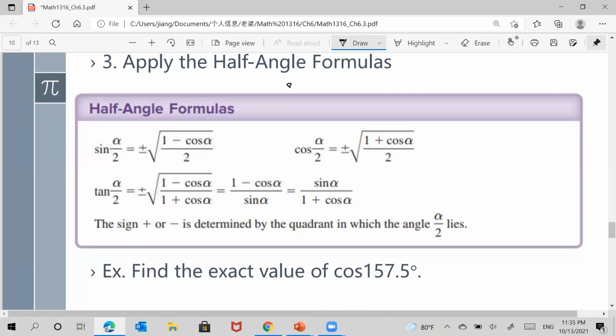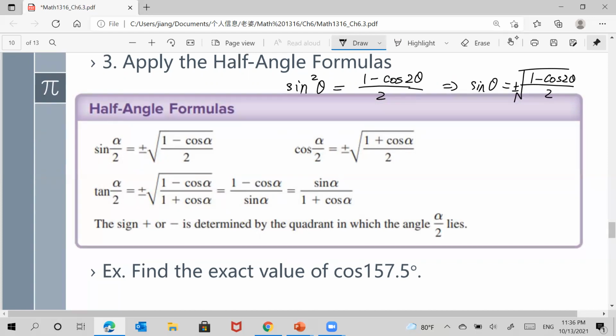For example, if I have sine theta squared, that equals 1 minus cosine 2 theta over 2. If I'm looking for only sine theta, does that mean sine theta equals plus or minus square root of 1 minus cosine 2 theta over 2?